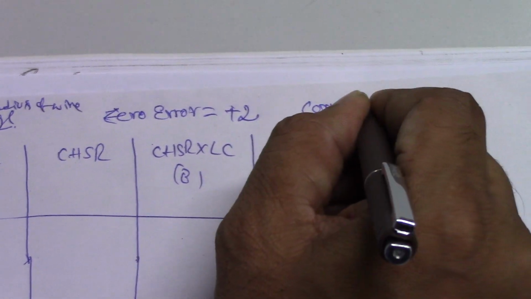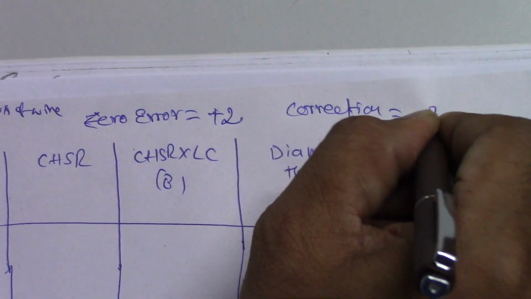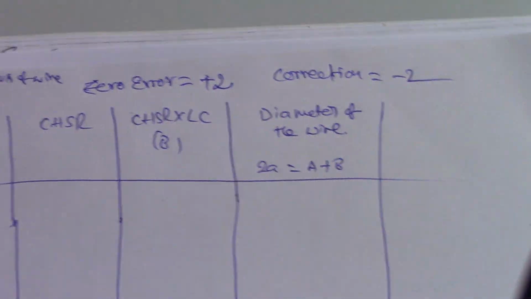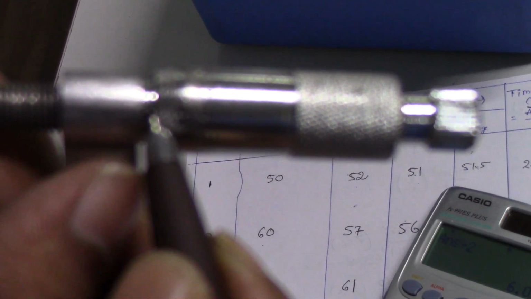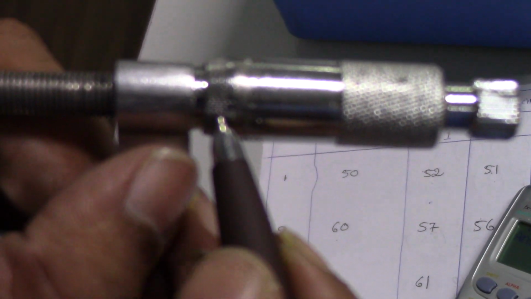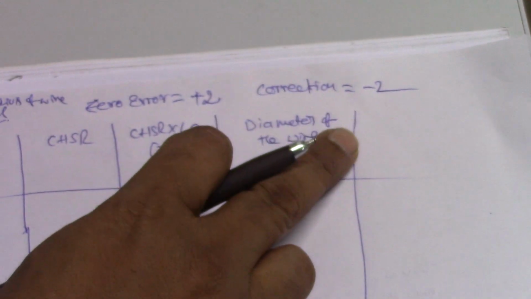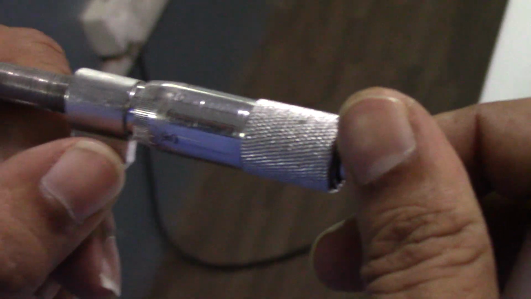The error is +2 and the correction is -2, because the head scale 0 is just below 2 lines of the pitch scale, this is positive error. How many lines below? 2. So that's why error is +2, correction is -2.